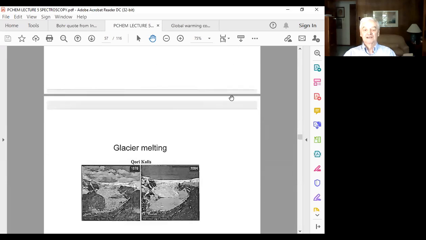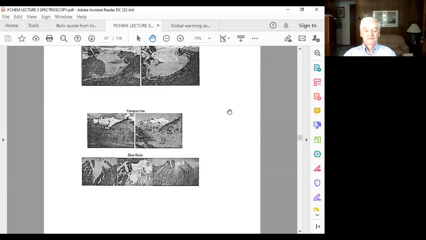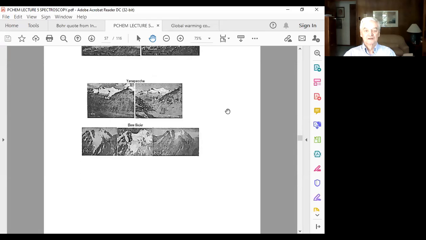and things like that. These aren't very good pictures, but just to give you an idea of what's going on. This is all ice in 1978. I think this is in Peru. Anyway, it's in the Andes. This is all a lake right now. This one is very hard to tell in black and white, but there was a glacier here, and you can see a lot of it's melted in this picture.